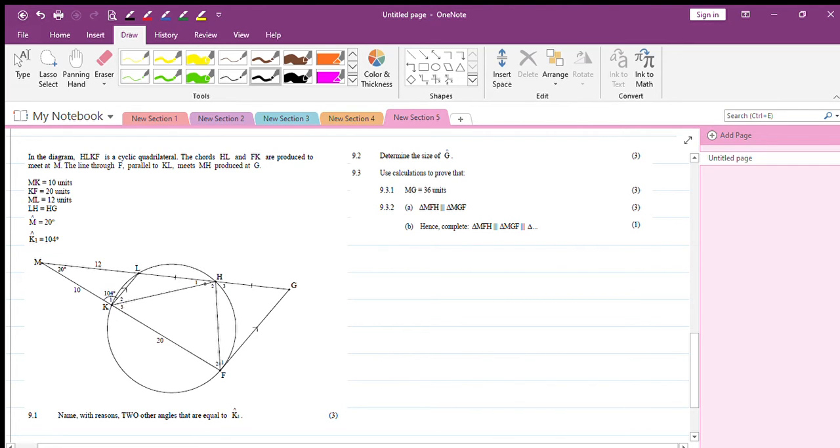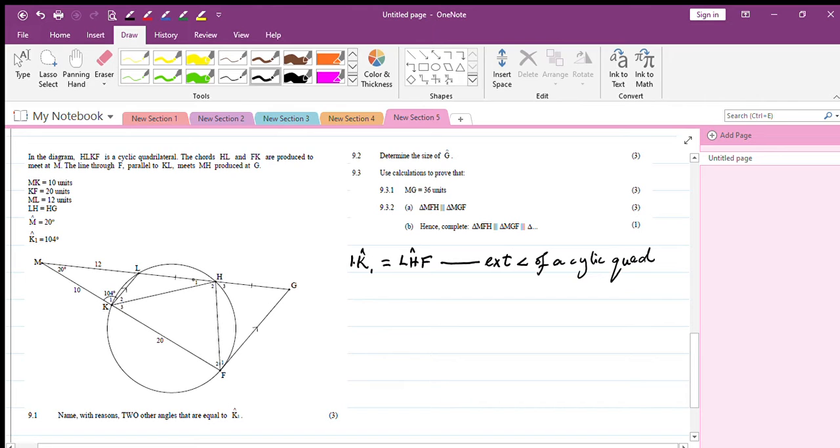So angle K1 is equal to angle LHF. The reason: the exterior angle of a cyclic quad is equal to the opposite interior angle.